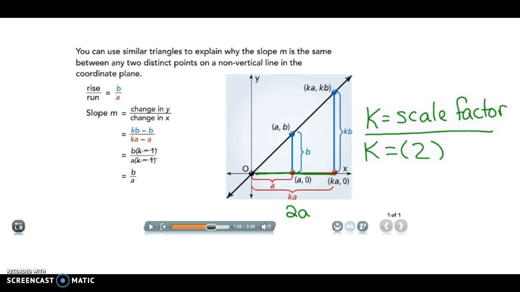The same thing is true with b. So whatever you've multiplied by a, you're also going to multiply by b. So in this case, it would be 2 times b. That's all they want you to know, is that whatever you multiply your rise by, you're also going to multiply your run by that same number. And that is how you keep your triangles similar.